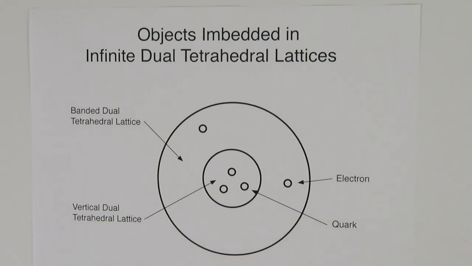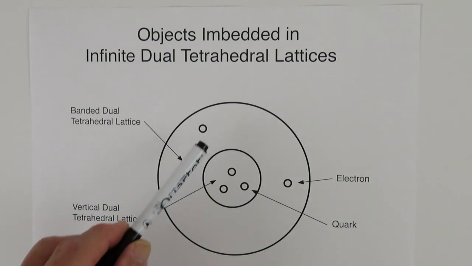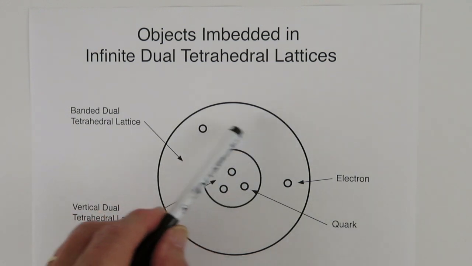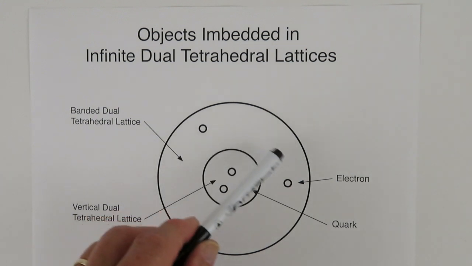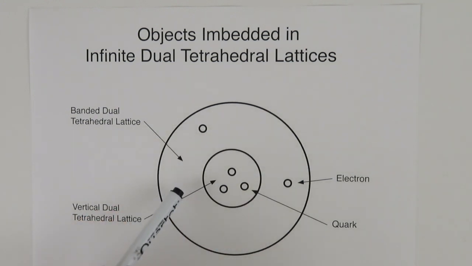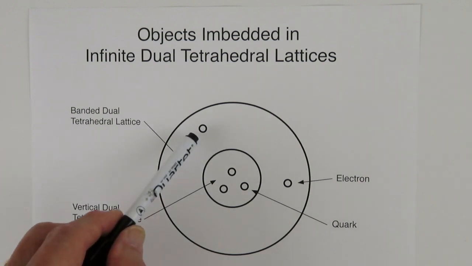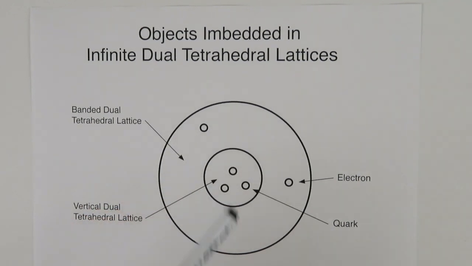This is at least the plausible topological process that we're involved in here, because the dual tetrahedral lattices are infinite in extent, so they can have as much complexity as they need. The objects themselves can be moving around in the fields of their construction, in the case of the outer field and in the case of the inner field.